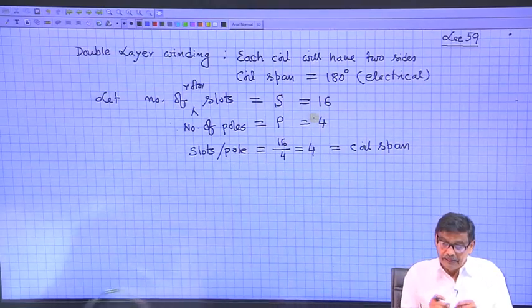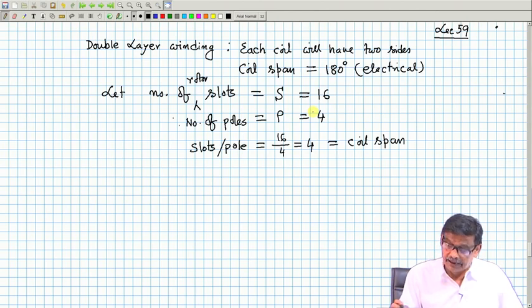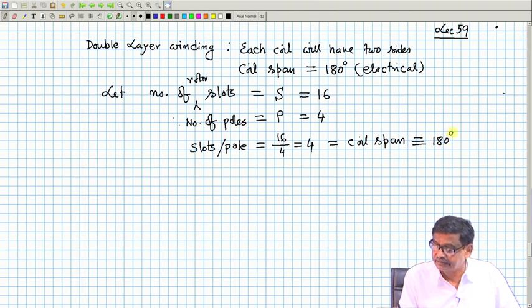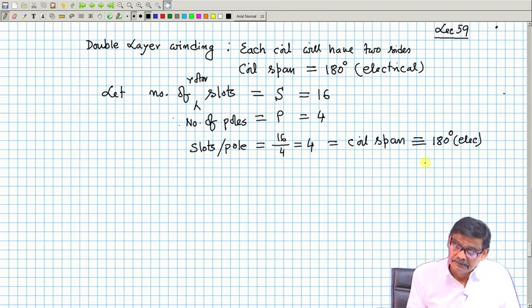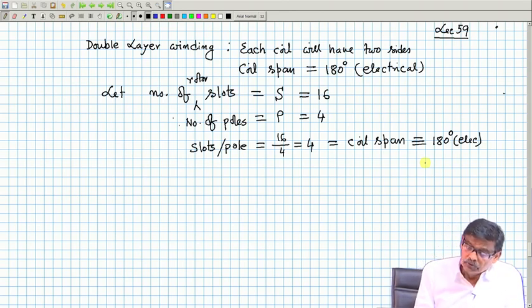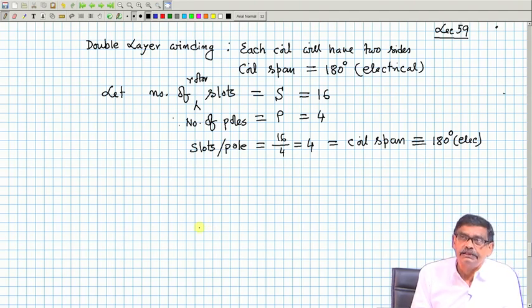So, this is coil span, and this is equivalent to 180 degree electrical, or in this case 90 degree mechanical. So, I will draw the diagram in this way now.